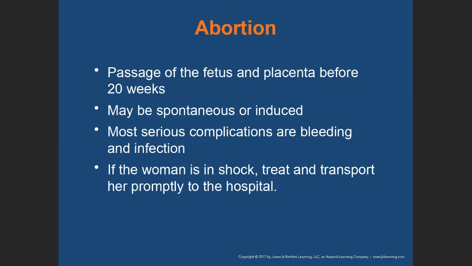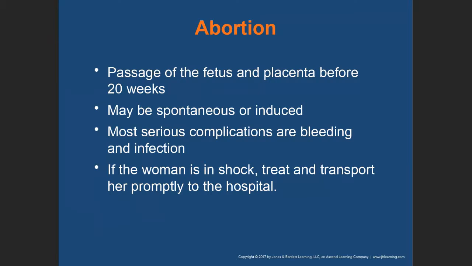Now, abortion is the passage of the fetus and the placenta before 20 weeks. It may be spontaneous, or it is induced or elective. The most serious complications are bleeding and infection.